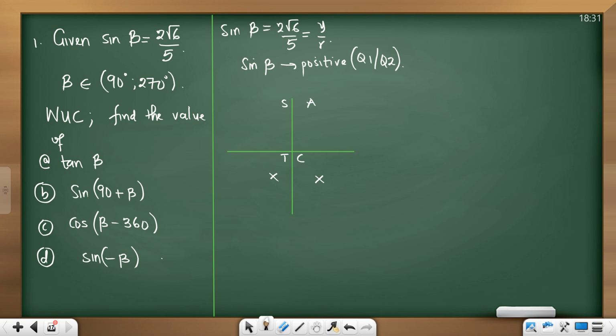The question now is this. The examiner is now giving me a restriction. You see this beta we are talking about, it must be between 90 and 270. If I go to quadrant 1, what are my angles?